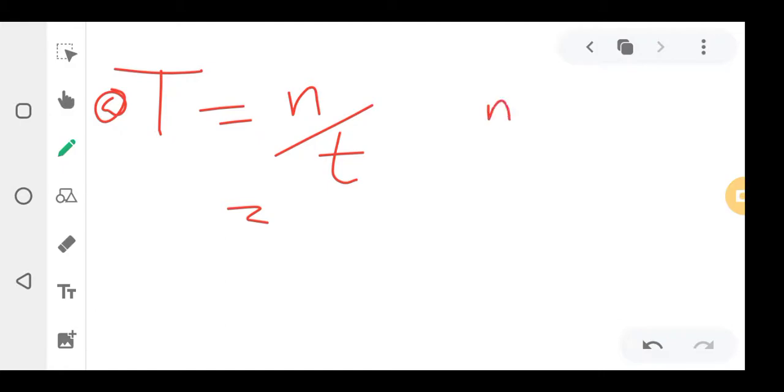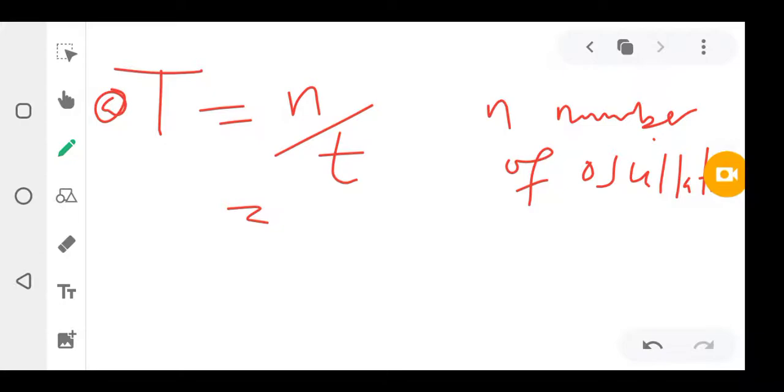So periodic time T is equal to number of turns over time. Here N means number of oscillations, or cycles.